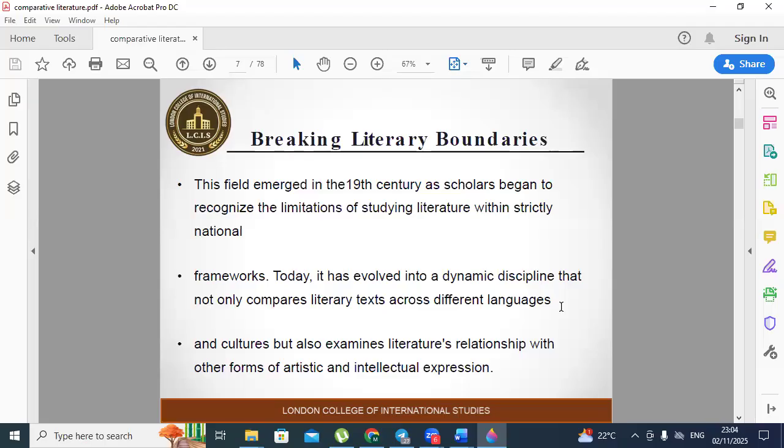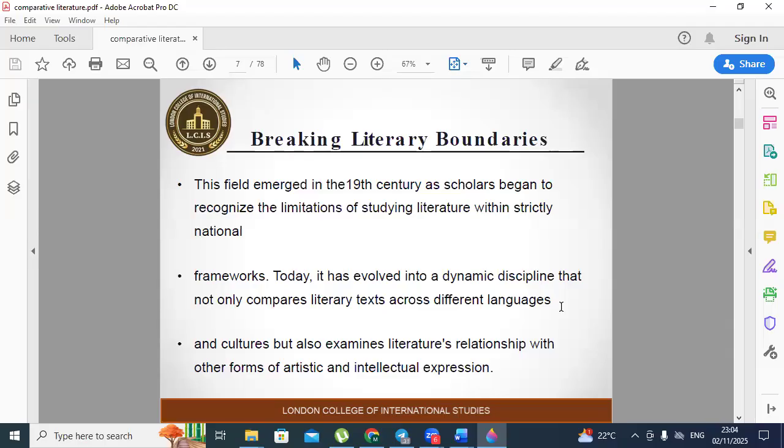Here we get a historical perspective. The slide roots the discipline in the 19th century, a time of growing nationalism, suggesting that scholars even then saw the limitations of studying literature within strict national frameworks. It then fast forwards to today, describing the field as dynamic, alive, and evolving.